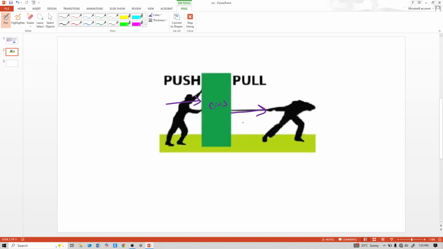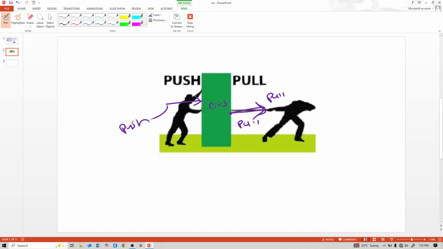So the nature of this is pull, away from the body. If force is towards the body, it is a push type of force. If force is away from the body, it is a pull type of force. Away from the body means away from the point of application.